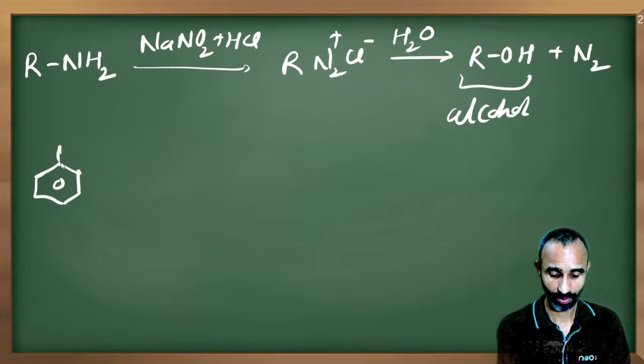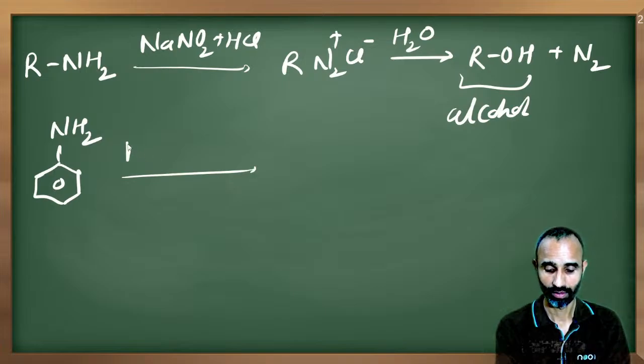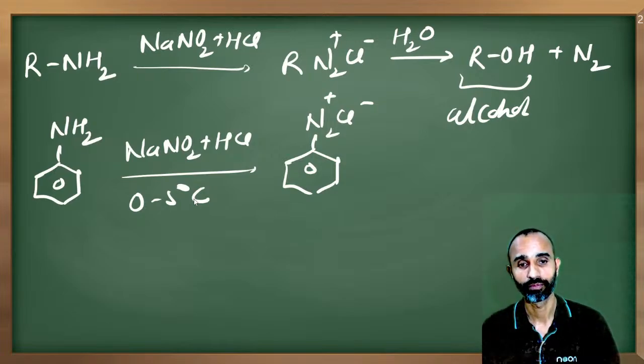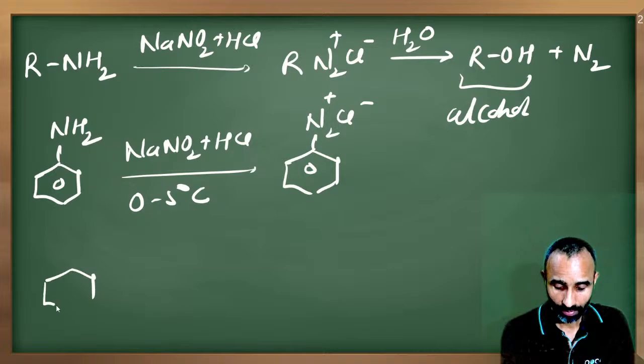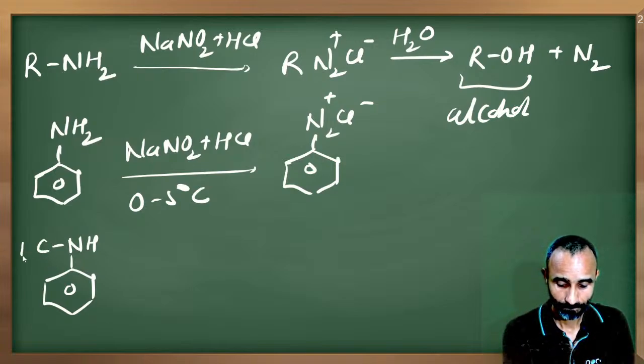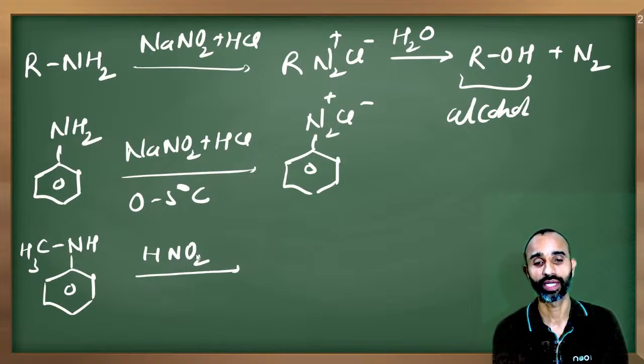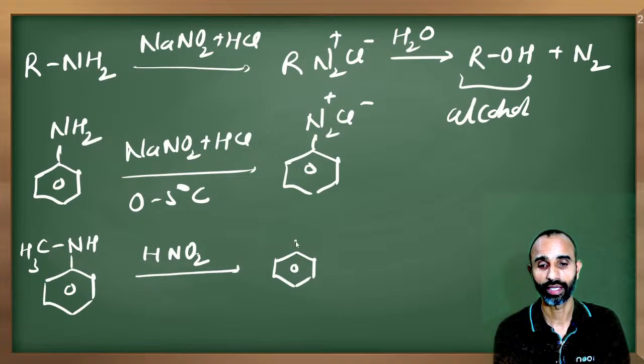But in case of aniline, whenever we have NaNO2 and HCl, we get diazonium salt, which can be used to prepare so many products. If we have secondary amine, then with NaNO2 HCl, instead of that we can write HNO2. So in that case we get N-nitroso product.